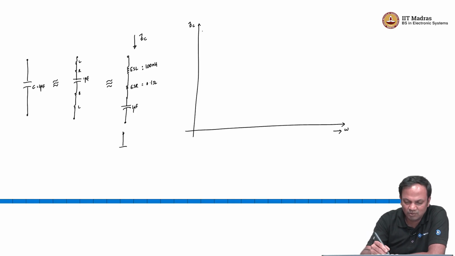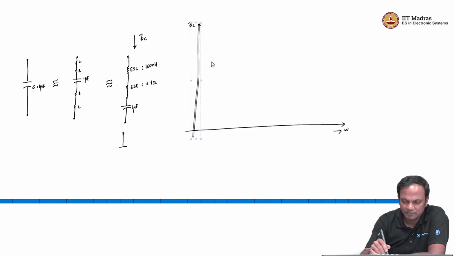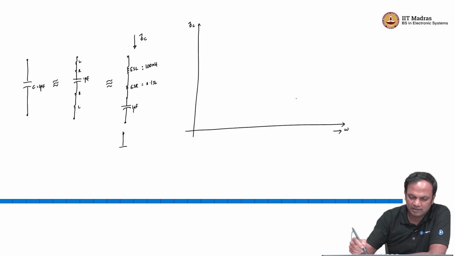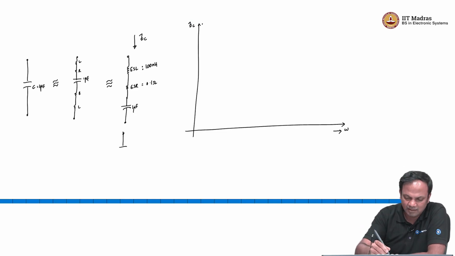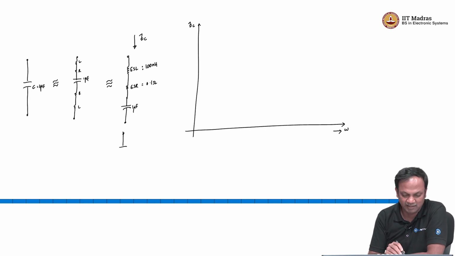What ZC will do is, at low frequency it is all in series. So, whichever is the highest one dominates. At low frequencies it is going to get dominated by the capacitor.